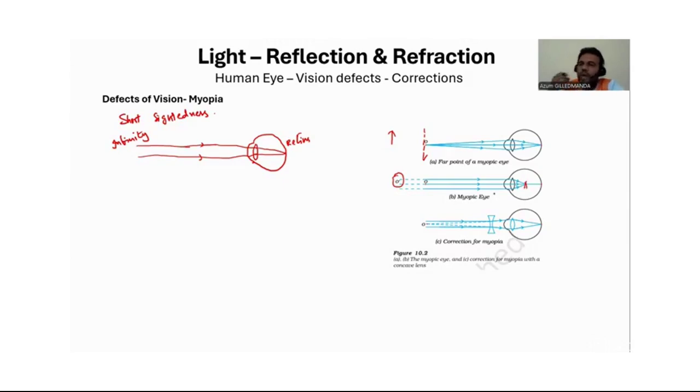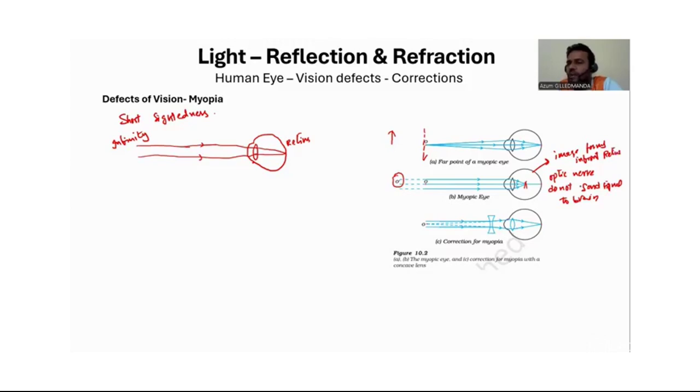The brain can visualize an image when it forms on the retina and our optic nerve sends those signals to the brain. But here the optic nerve does not send a signal to the brain, so you cannot visualize that image properly. You following? The other thing you can say is the image forms in front of the retina.